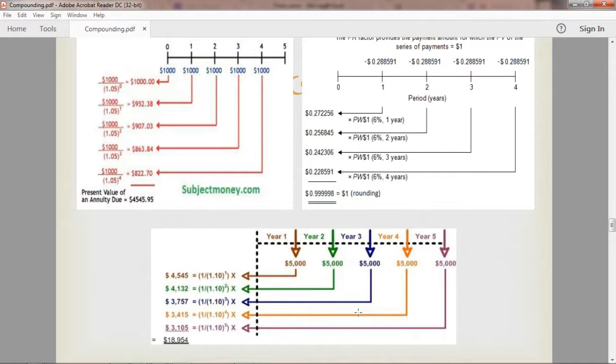The wording of the question will be either, how much will you have in 5 years, or how much is going to be worth in 5 years. I mean, the wording is already in the future tense, right?